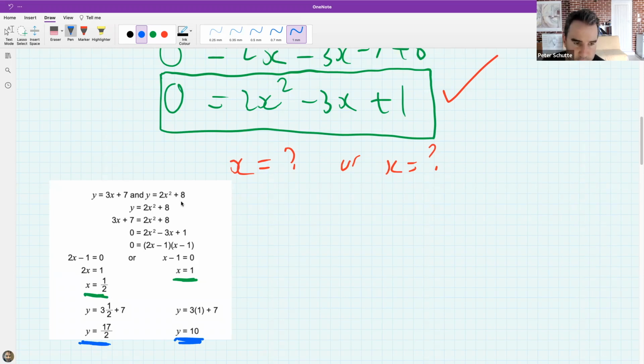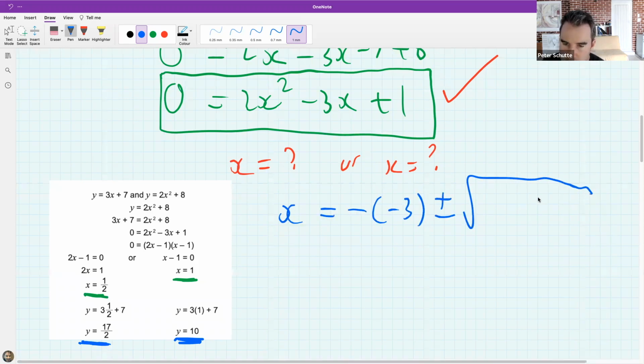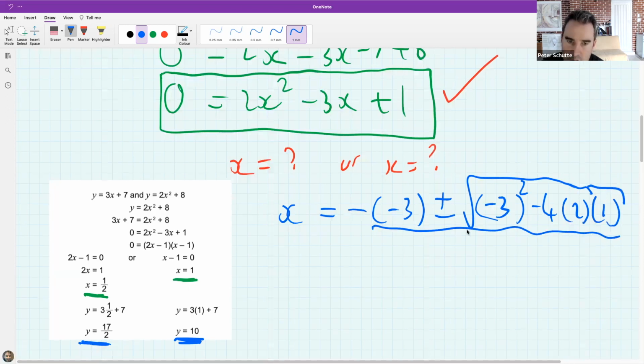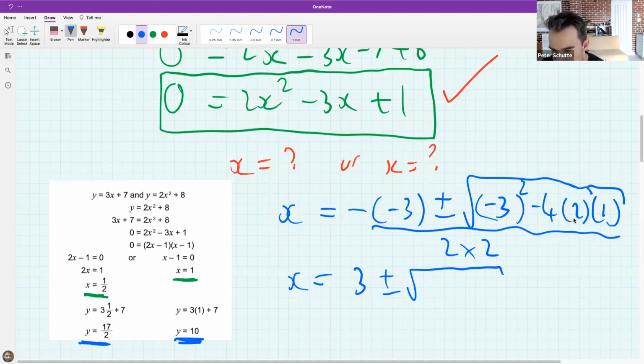If you use the formula instead of factorization here, it would have just meant minus 3 plus minus the square root of B squared minus 4 times 2 times 1, over 2 times 2, which then gives you, that is going to be 8, that's going to be 9, so delta should be 1, so that should be over 4.